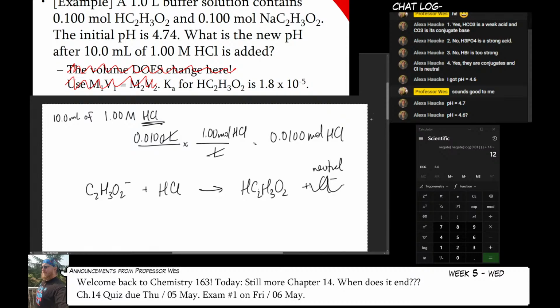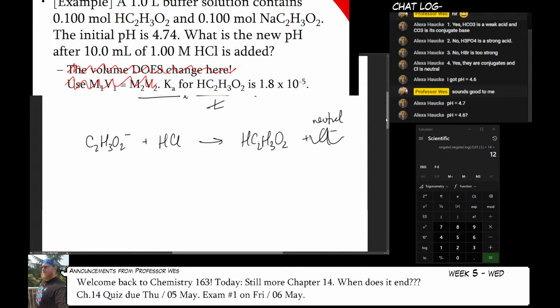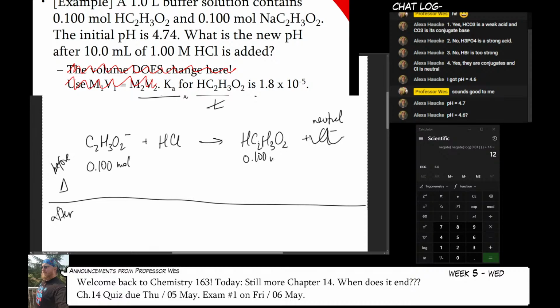And now we'll make our before-after table. So before, after. So I had 0.1 moles of this, 0.1 moles of this, and we added 0.0100 moles of this.